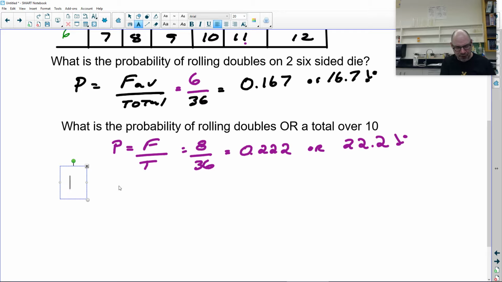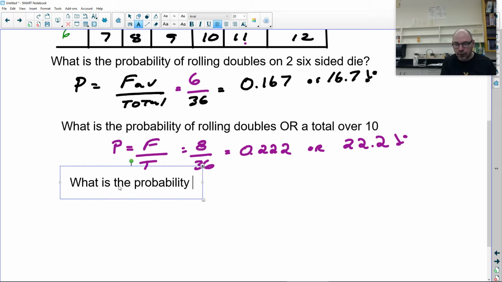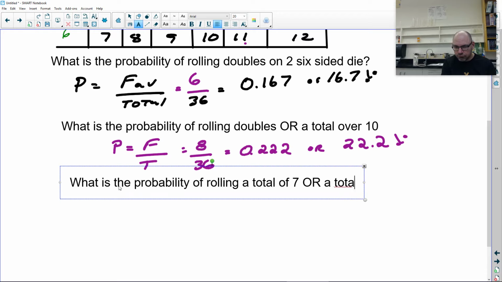What is the probability of rolling a total of 7 or a total of 11 on 2 six-sided dice? Give it a try, and we'll work it out right away.